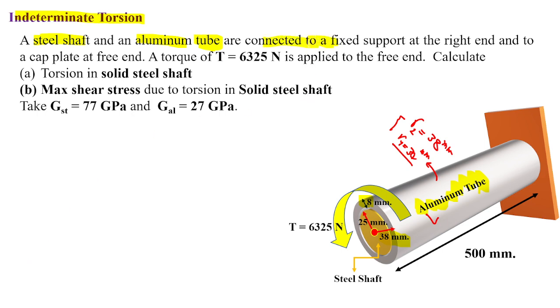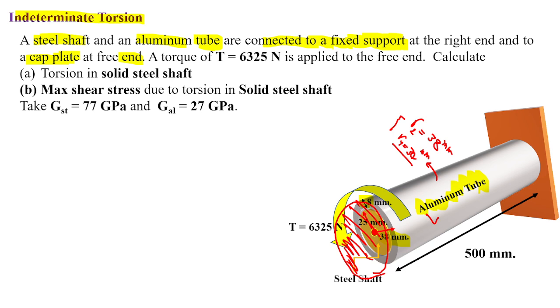They are connected to a fixed support, so they are in a parallel condition, and there is a cap at the free ends. We removed that one, but there should be a cap here which connects both, and then torsion is applied to that cap.